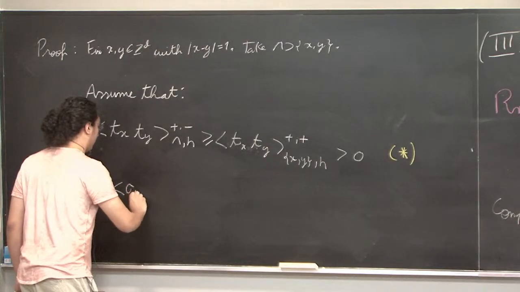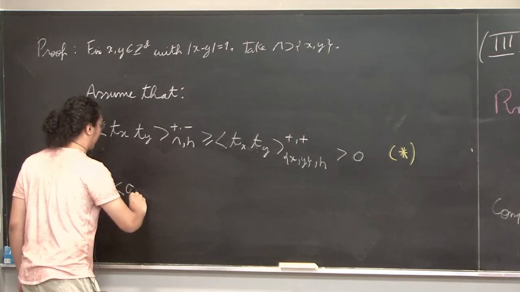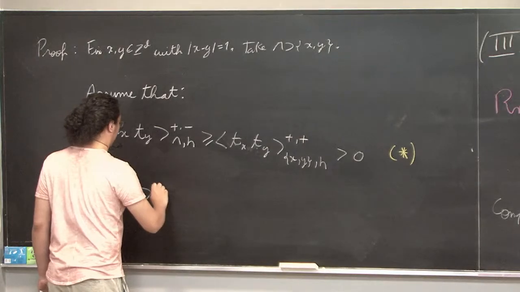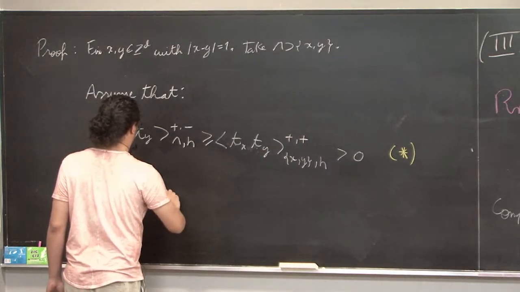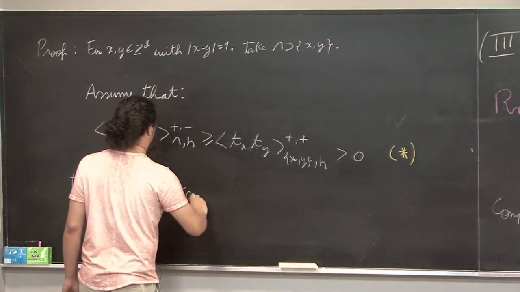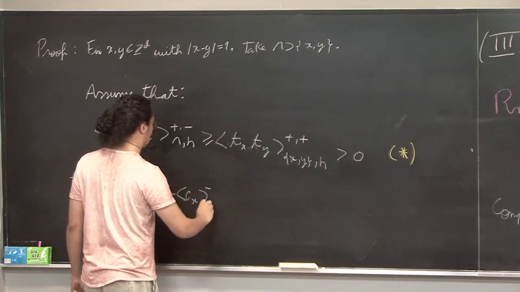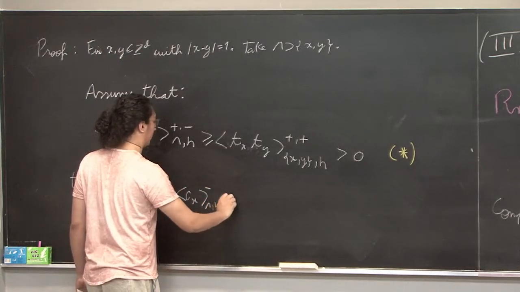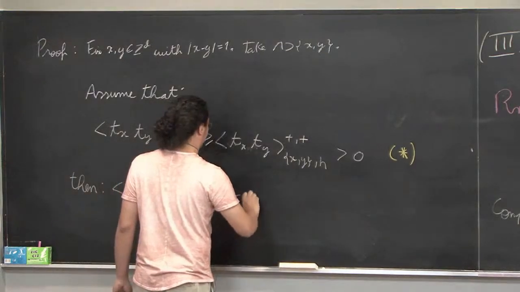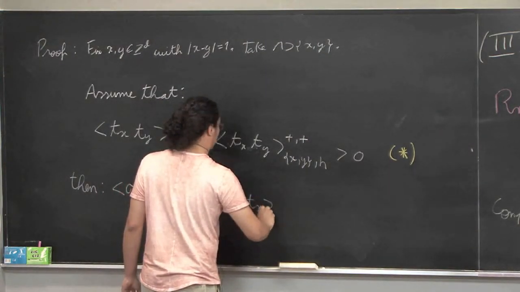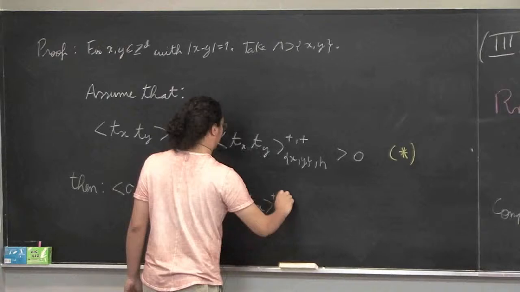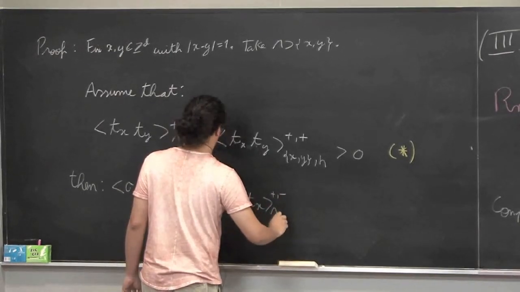so you can write a difference at x plus and minus lambda h minus sigma x minus lambda h. You can write this, as I told you, as T X of the duplicated variables, lambda and h.